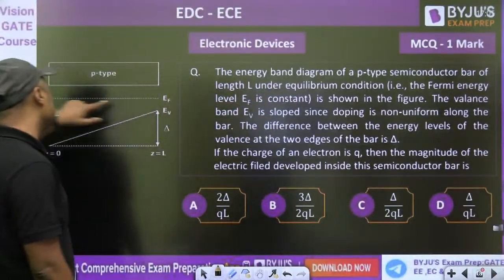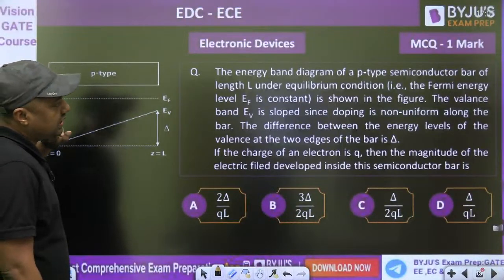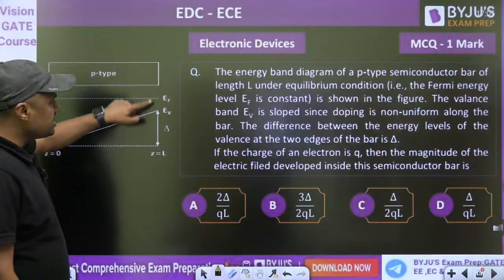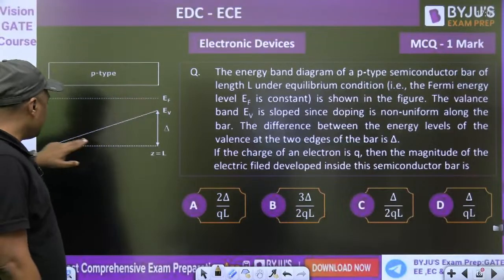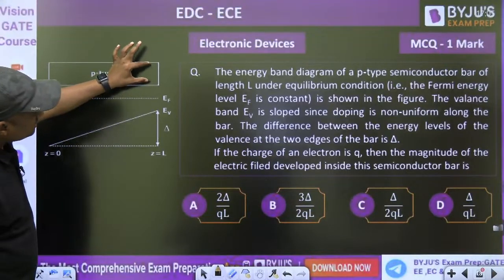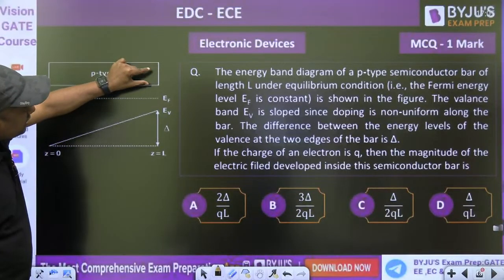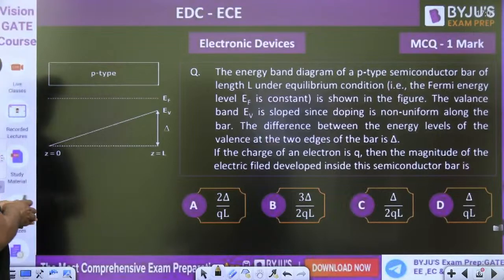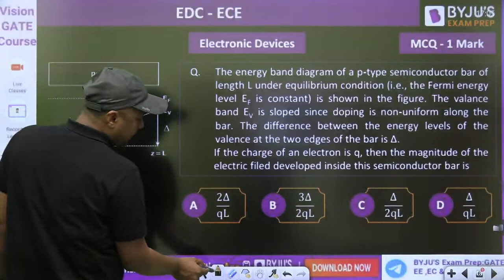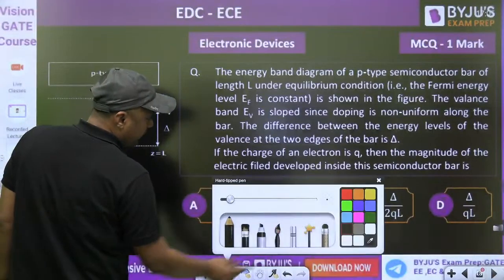Under equilibrium, always remember that the Fermi level will maintain a constant level. The valence band EV is sloped. Sloped means it is near to EF at one point and far away from EF at another. At this point the concentration of holes is very high, at this point the concentration of holes is small, and that's why this gap is very, very small. Remember this.